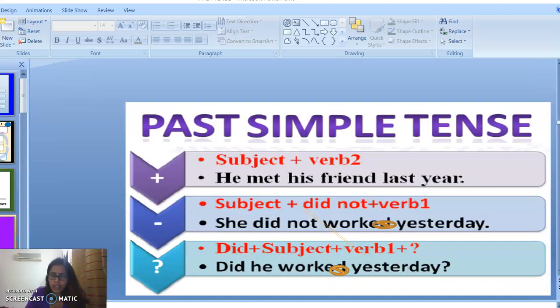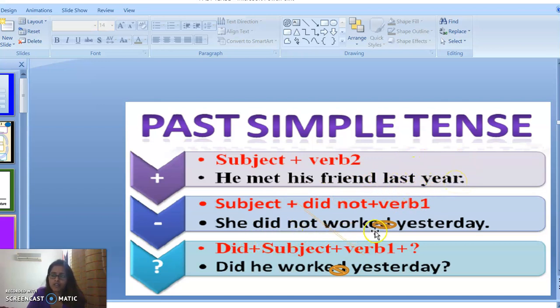So now the formation part, simple past tense: subject plus verb 2. It means the second form of the verb. He met his friend last year. So he is the subject here. Met is the second form of the verb, or verb 2 of the base form of the verb meet, followed by his friend last year, and last year stands for a past time expression.